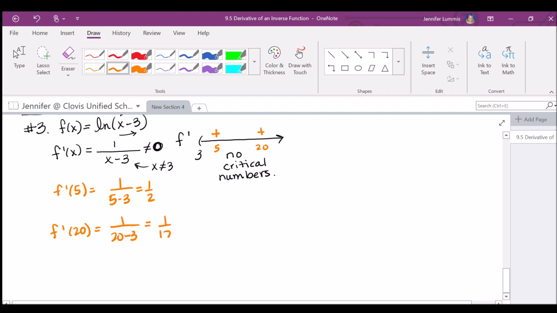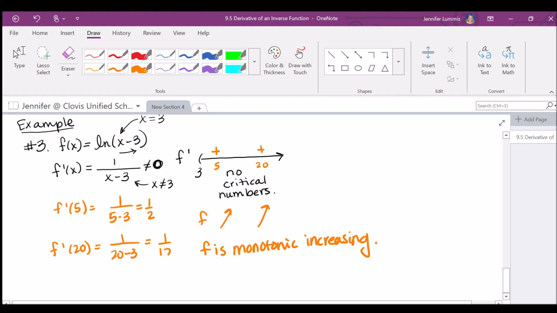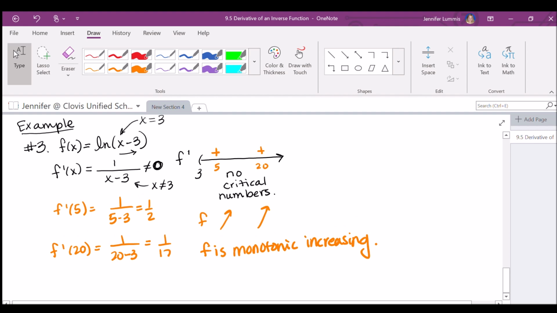We interpret this: whenever our first derivative is positive, we know that f is increasing. So we have here that f is monotonic increasing. Just keep in mind that you may come across a function whose graph you don't know what it looks like, and so the first derivative test will tell you that.